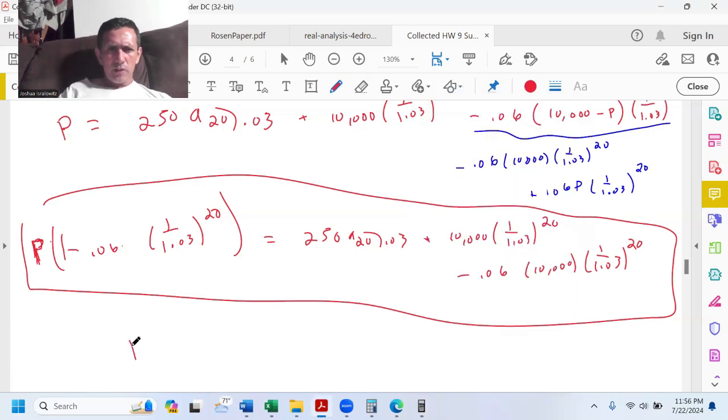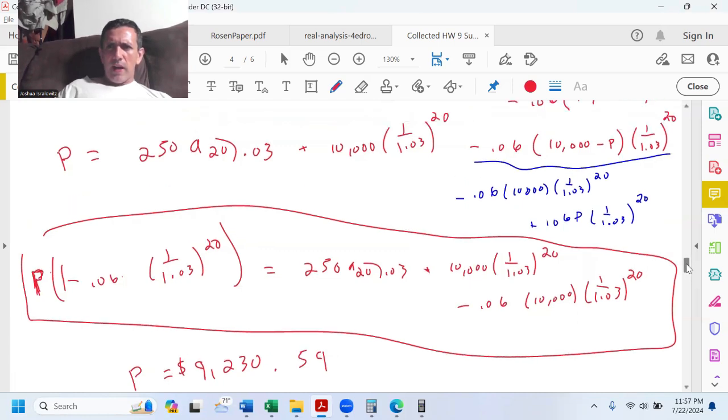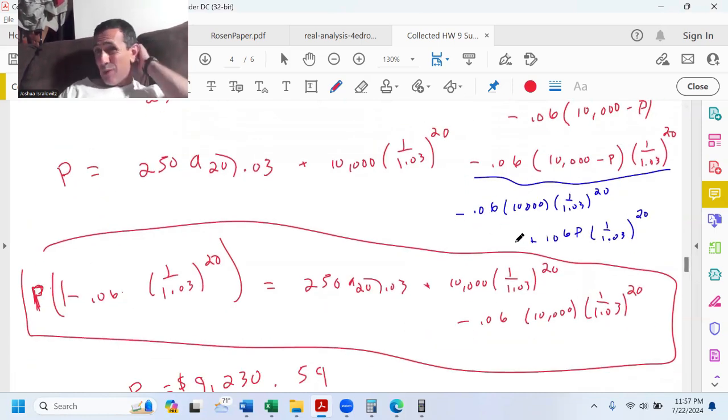Very impressive considering it's almost midnight. 9230.59. Isolating P by itself, I don't think I can even do that in my head. So this would be the minimum. This is what I would write down, and then from here I can easily get P using the calculator.